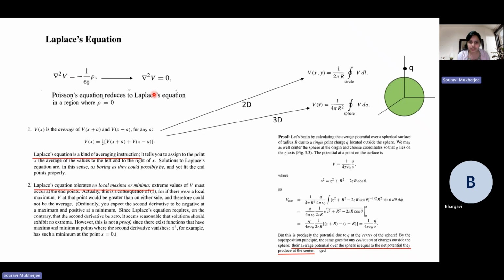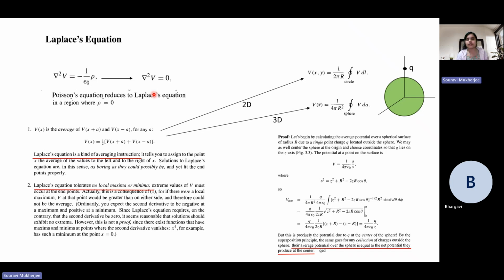So in today's class, we'll mostly focus on how to solve this Laplace equation. Based on the different boundary conditions, we can go from 1D to 2D to 3D, and from rectangular coordinates to spherical coordinates.